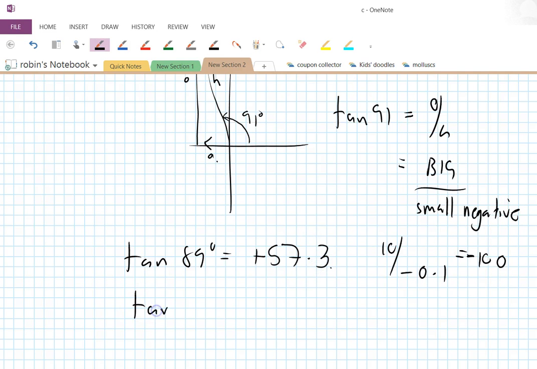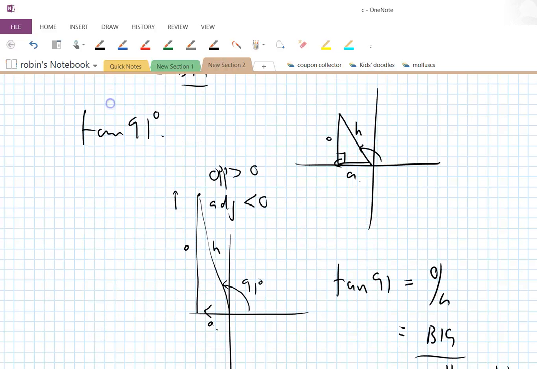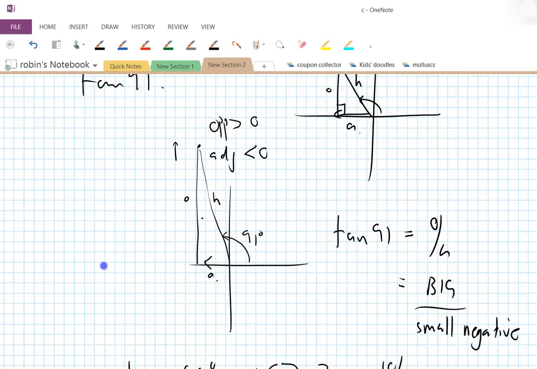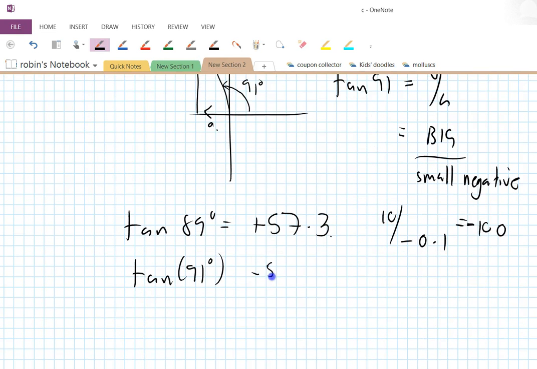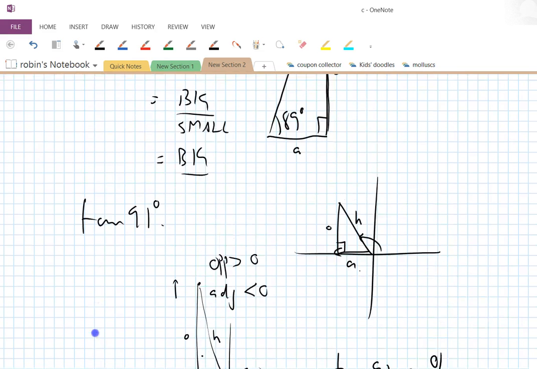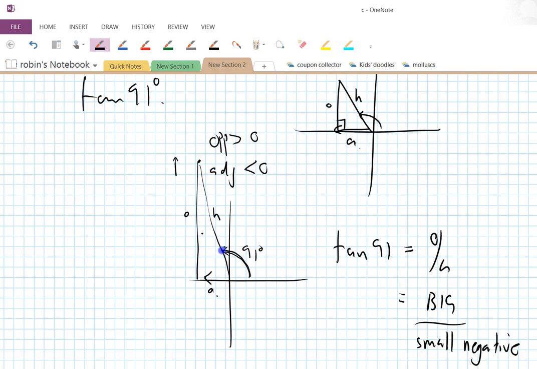Now let's have a look at tan of 91 degrees. It should be obvious to you from geometric considerations, because this triangle here is just a mirror image of this triangle here. So it's going to be minus 57.3, because all that's changed is we've taken a mirror image, and so the opposite is still the same, but the adjacent is going backwards because the triangle's gone past the first quadrant.